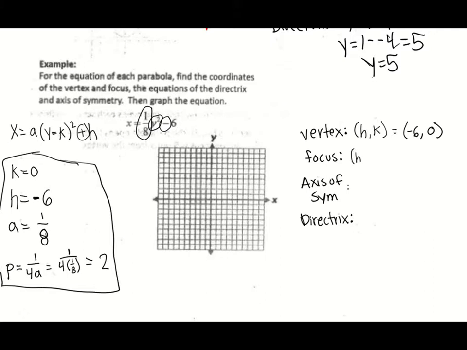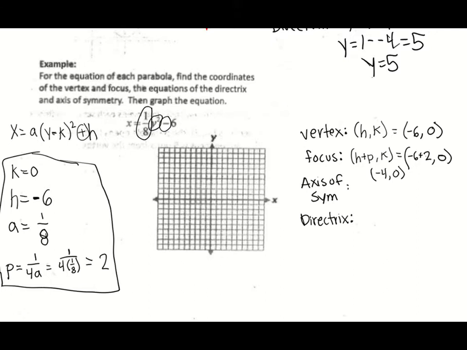So now we know our focus is h plus p, k, which means h plus p, we have -6 plus 2, k, which is 0. Negative 6 plus 2 gives me negative 4 and 0. So that is my focus.